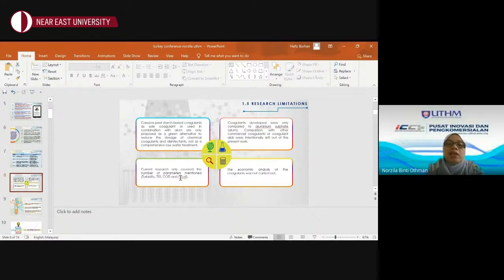Current research only covered a few parameters such as turbidity, total suspended solids, COD, and also E. coli. Economic analysis of coagulant was not carried out in the study.